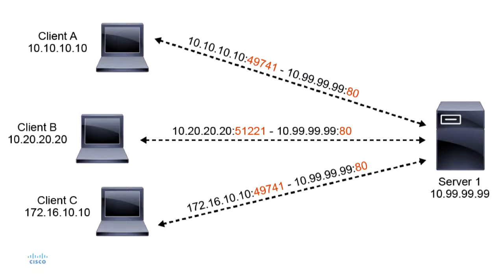This differentiates between each of these 3 sessions. In this example, client A and client C are using an identical ephemeral port number, 49741. But because of the 5-tuple information, their source IP address is different, and the server can maintain a unique session for each of these devices.